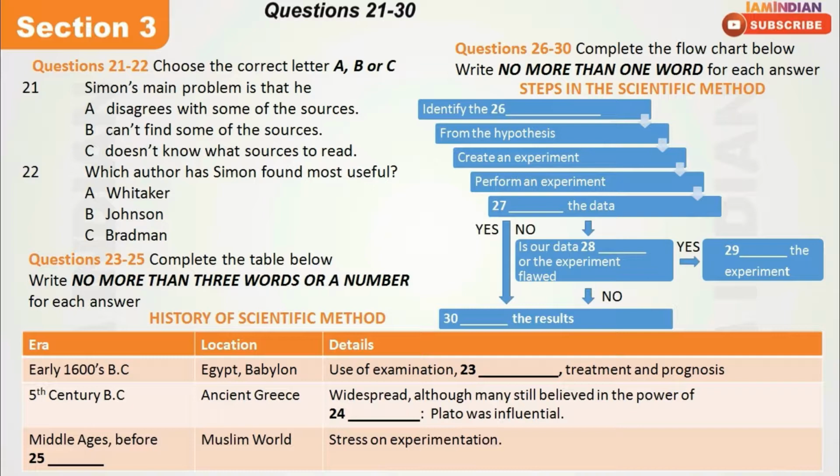So tell me, what have you learned so far about the role of the Egyptians and the Babylonians? Yes. Well, there's evidence that the basic components of the scientific method, examination, diagnosis, treatment, and prognosis, were being used in the early 1600s BC, especially in the treatment of certain illness. Good. Yes, that's right.